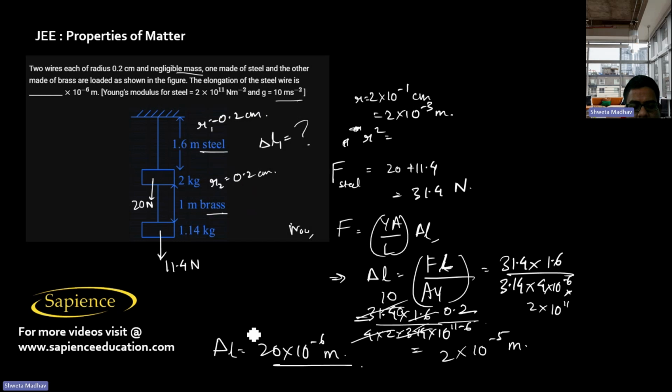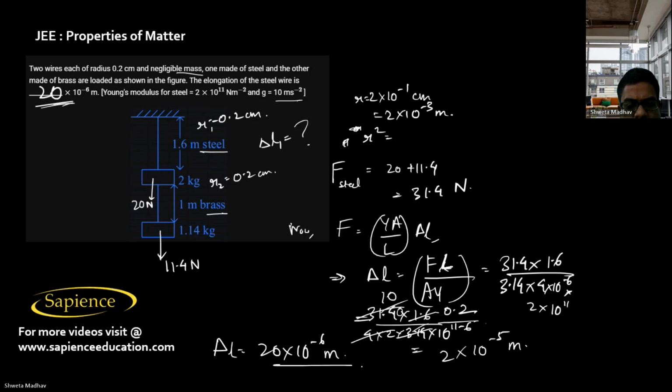The amount of elongation in the steel wire is 20 into 10 power minus 6 meter. That is the answer.